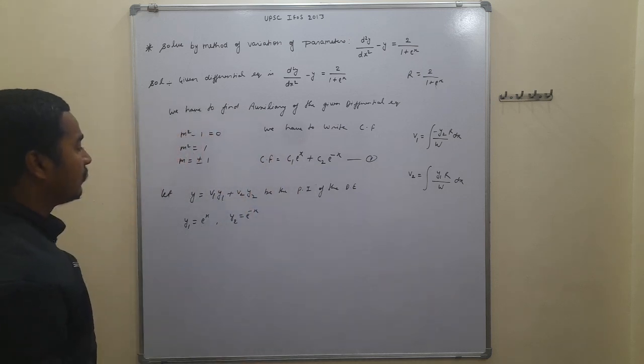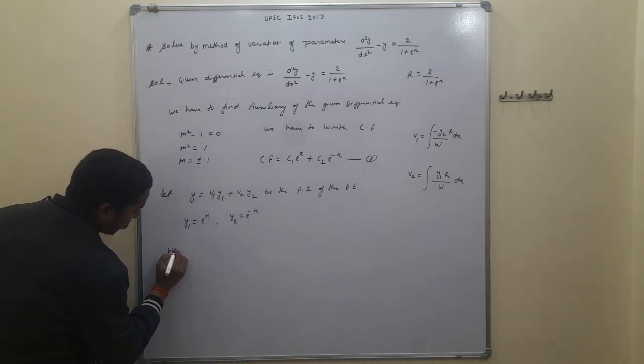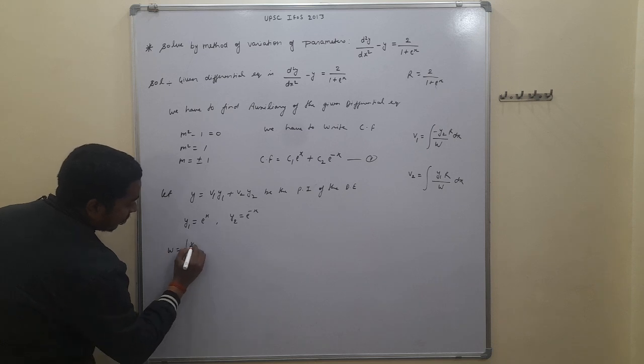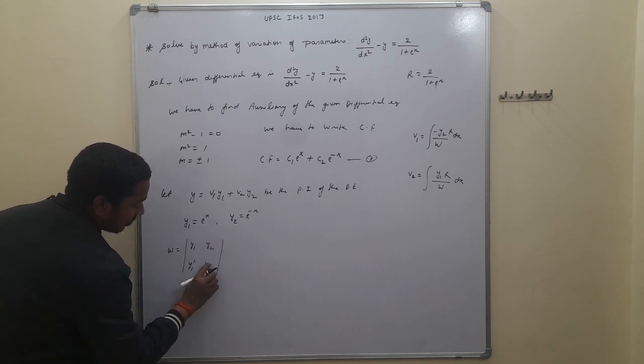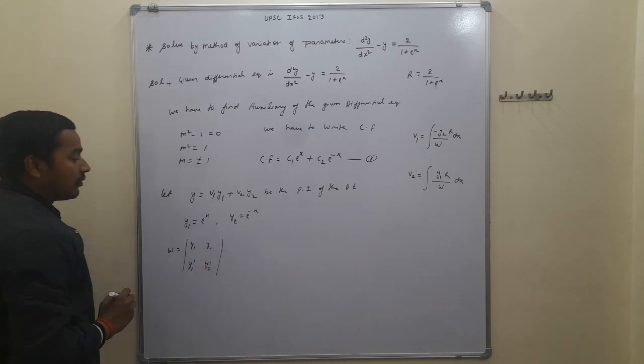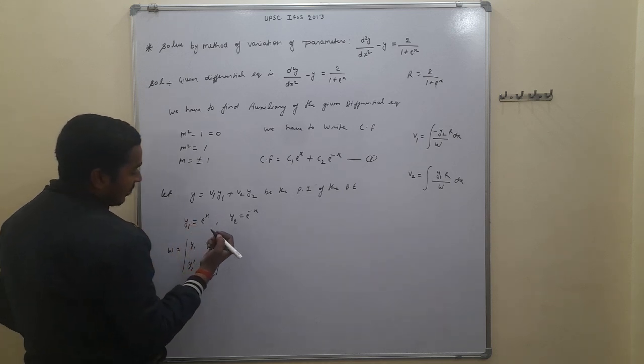Further we have to find w first, which is given by the determinant of y1, y2, y1 dash and y2 dash. y1 and y2 are given; we have to find y1 dash and y2 dash.